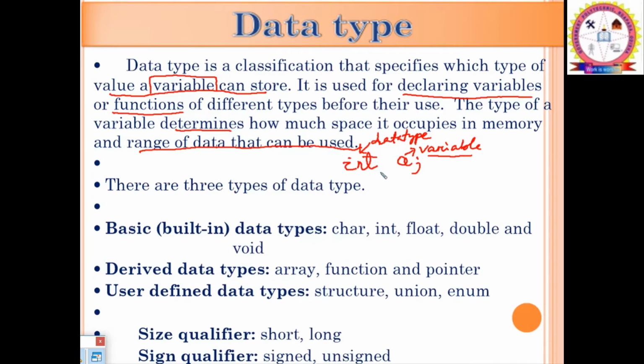While declaring a variable, the data type specifies how much memory this a will occupy in the memory, how much space this variable will occupy.